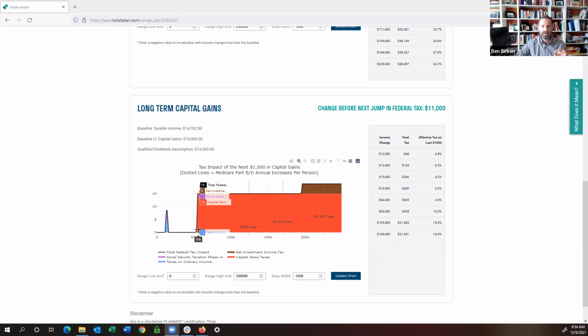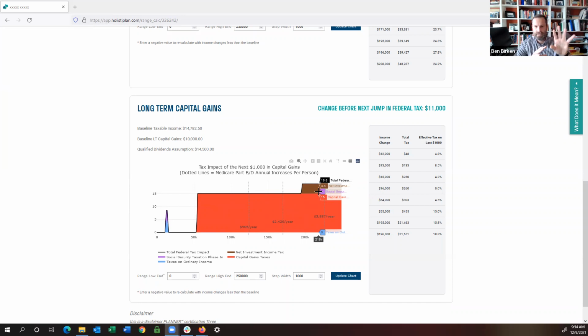Once we've added, let's call that about $54,000, $55,000, we're now in that 15% range where we will be for a very long time. You see again here the impact of the NIT, so the net investment income tax. Remember, in this case, when we're in the long-term capital gains chart, ordinary income is being held stable.